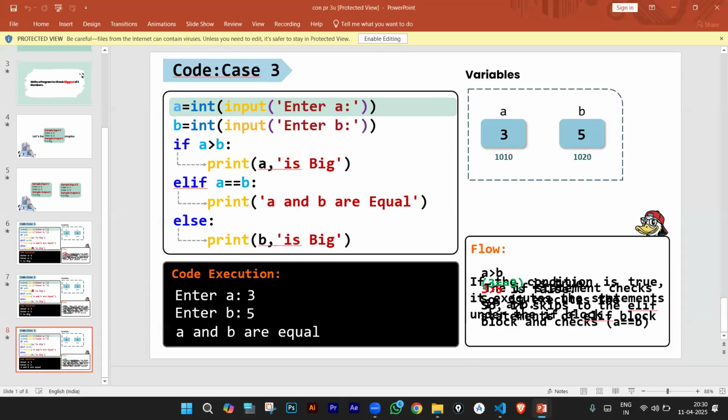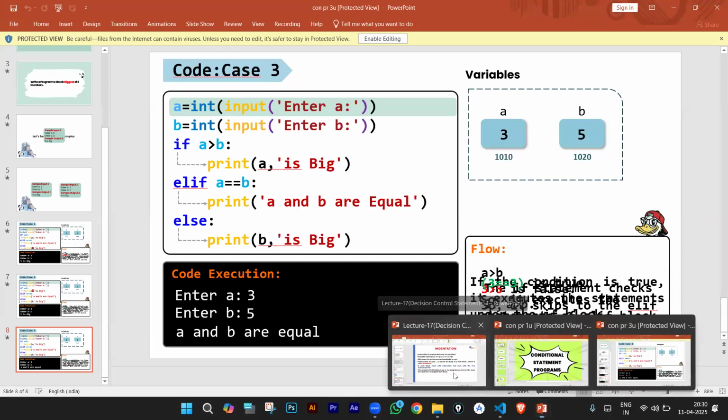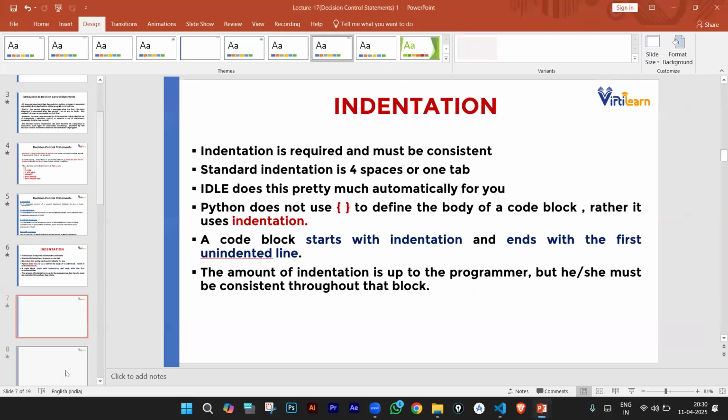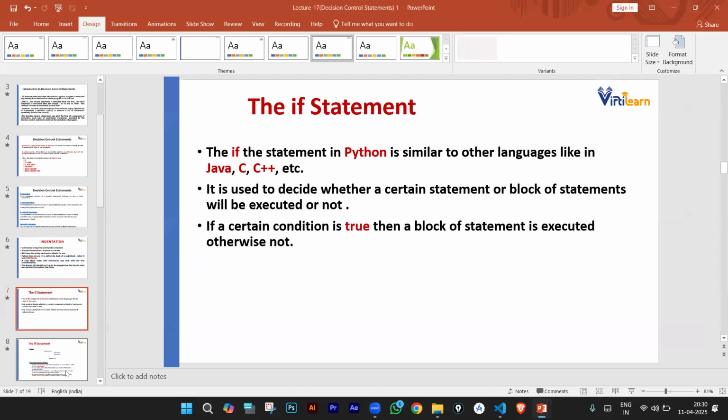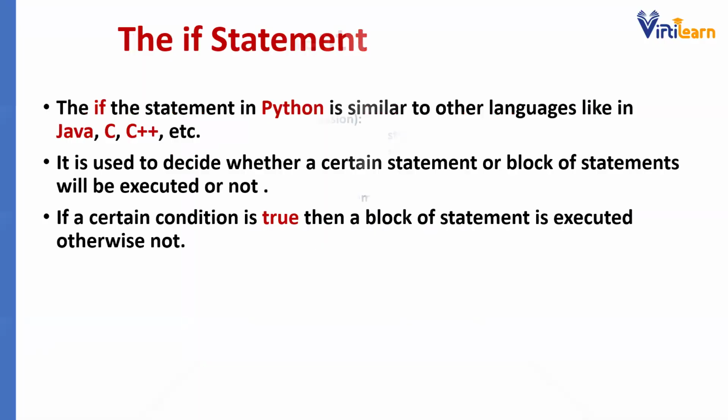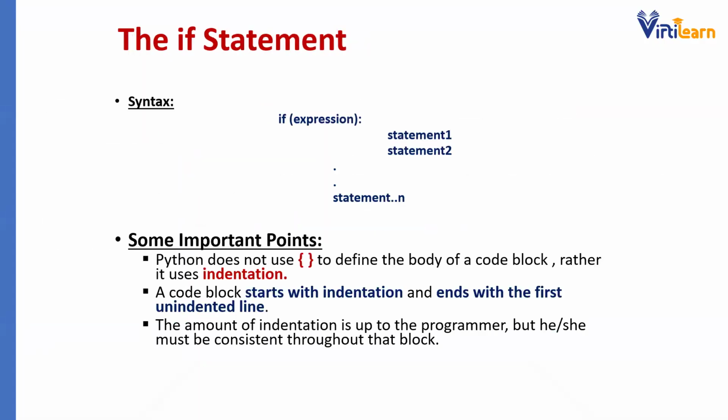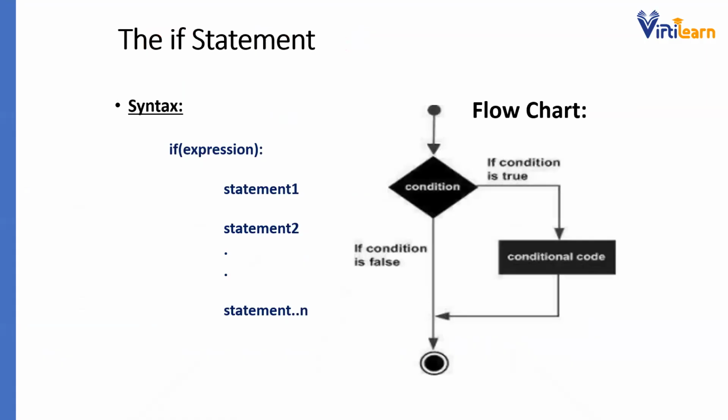If you remember the flow charts, generally when you have started learning programming, people would be showing you these flow charts, the flow of the program. So this is how it is going to look like. For if, we'll have a condition, we will execute a block of statements if the condition is true.